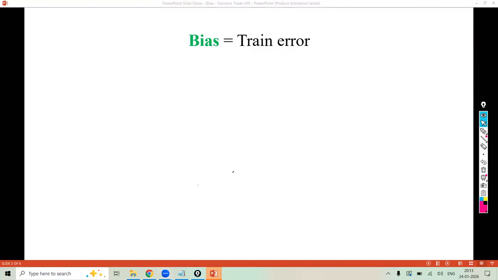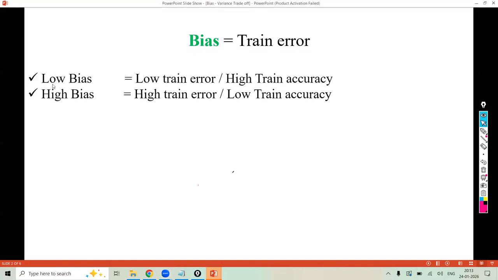Okay, next. As we require the train error, bias should be low. Low bias means low train error. If the error is low, accuracy is high. The other name for low error is high accuracy.